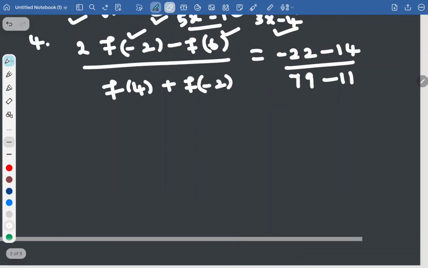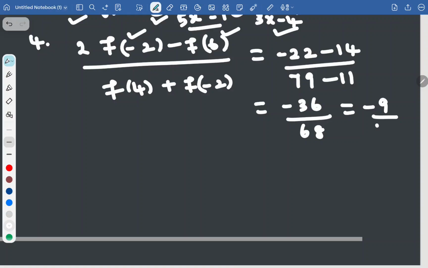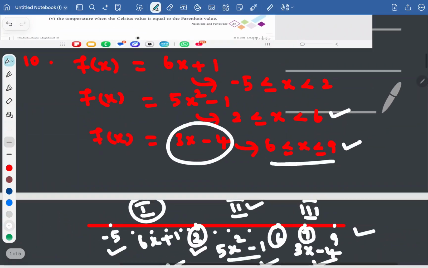Minus 22 minus 14 is minus 36, divided by 79 minus 11, value is 68. If you simplify further, minus 9 by 17, cancelling with 4. This is the final answer for the problem 4th subdivision, problem number 10.